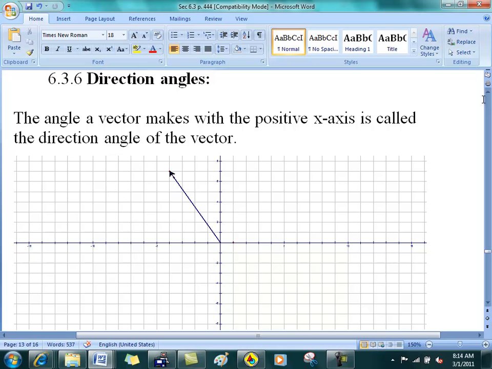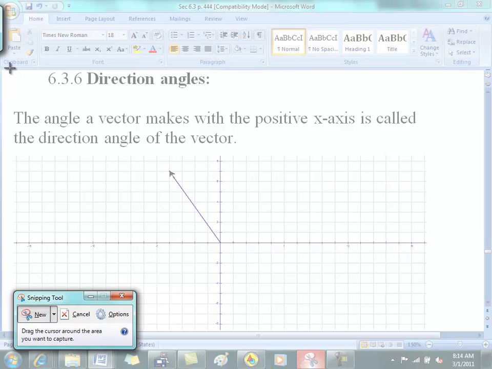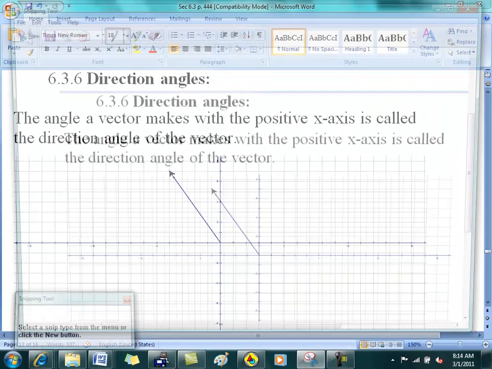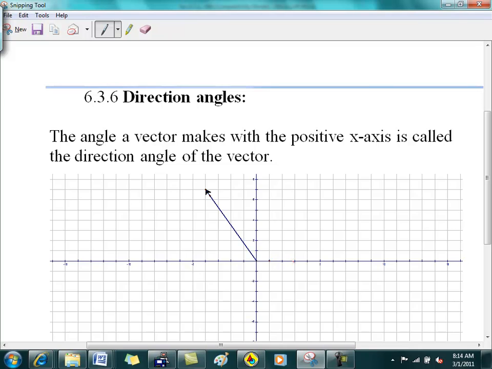The direction angle is the angle a vector makes with the positive x-axis. So that would be this angle here. That's the direction angle. Okay? With the positive x-axis.